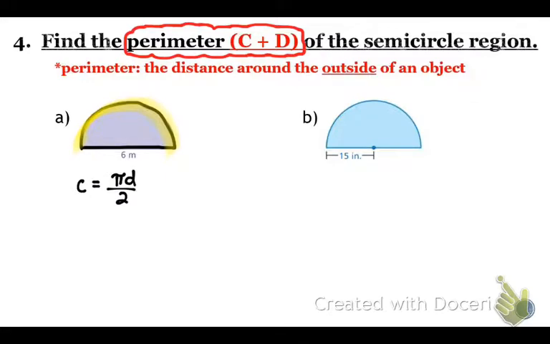Okay, so let's plug in what we know. C equals pi. What do you think I should do for pi right now, 3.14 or 22 over 7? Let's do 3.14, because why would I want to put a fraction inside of another fraction? Most of the time, if it doesn't ask me, I'm just going to stick with 3.14 because that's real simple to put into my calculator. Times D. What is the diameter? 6.